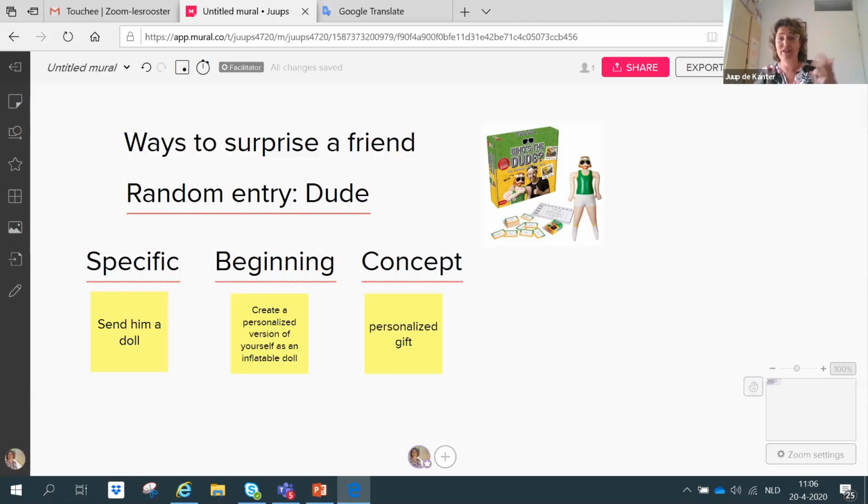And then you come up with ideas from apple, and you get new ideas again. So every random entry point gives you new ideas. And then you write down all your ideas and you can collect them in several categories. Is that clear for everyone?